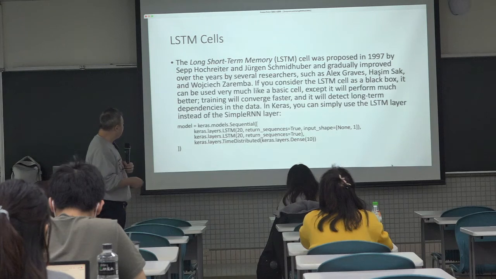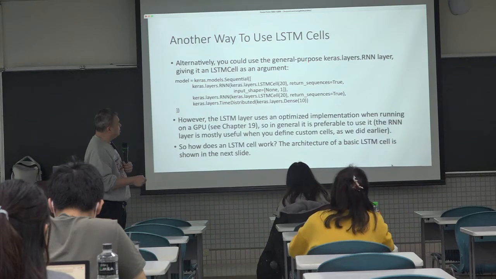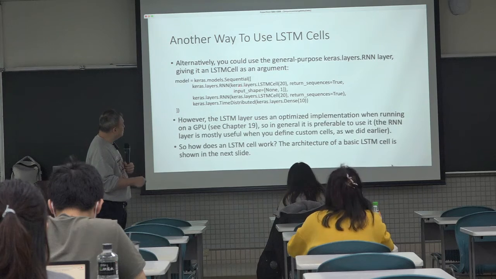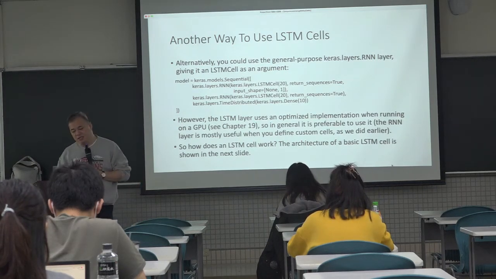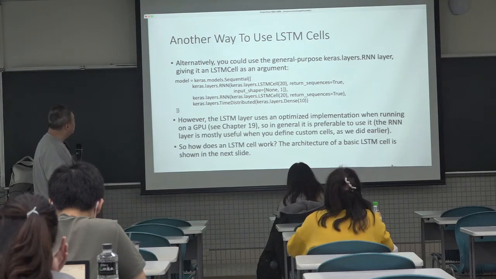You could also use the general purpose keras.layers.RNN layer, and inside it you specify that you want to use the LSTM cell. This approach is similar to what we did for the layer normalization RNN cell.